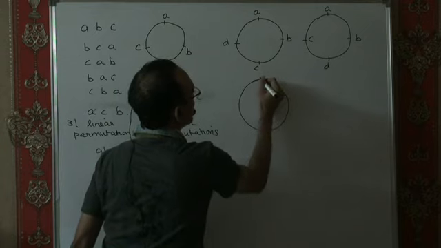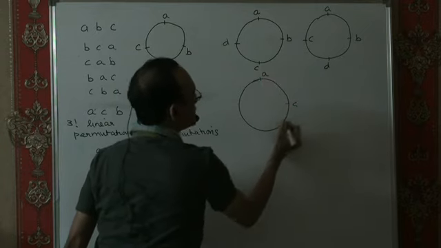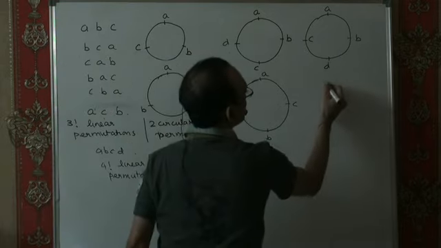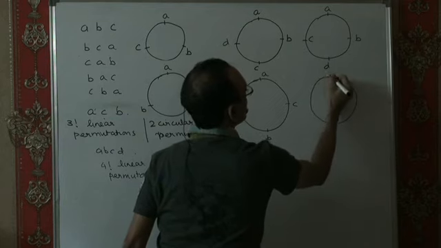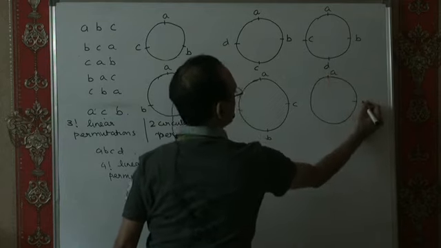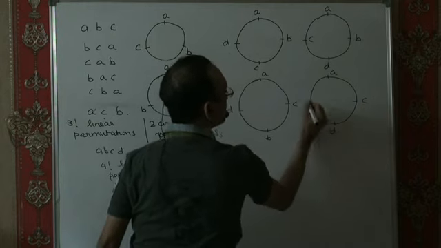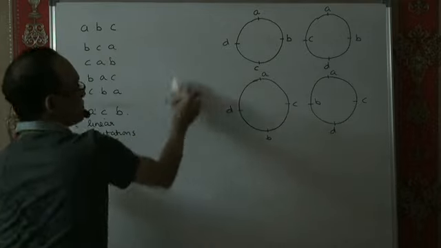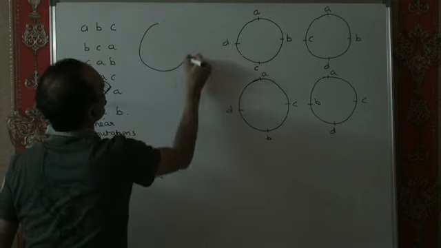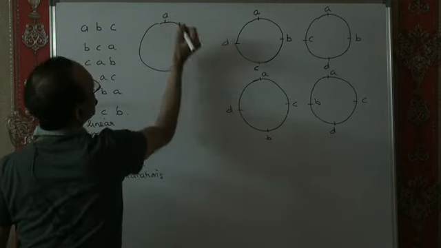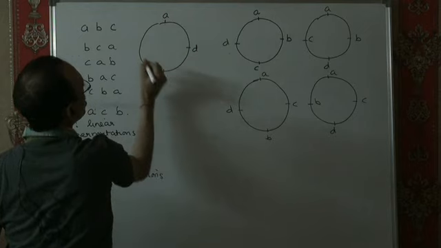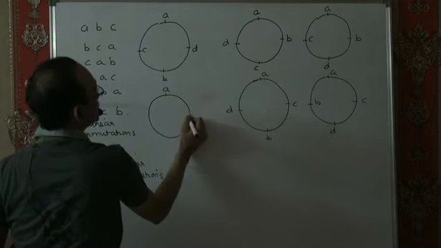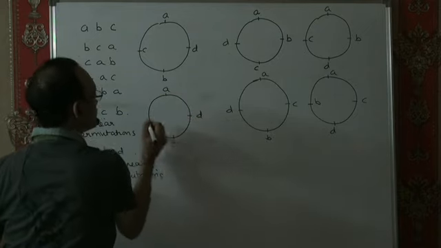Or I could have had A, C, B, D like this, or A, C, D, B like this, or A, D, C, B like this.